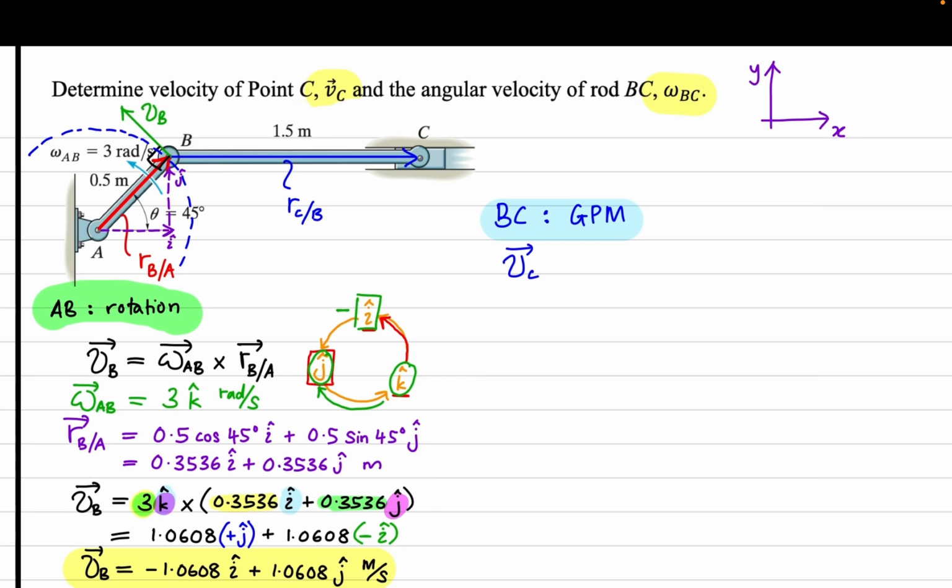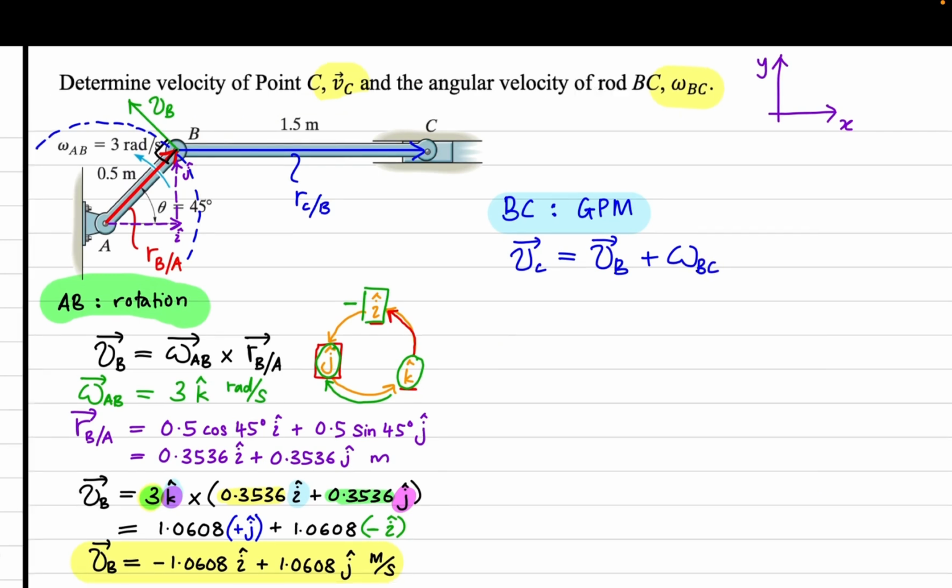So now the equation will be VC is equal to VB plus, now we go back to the rotation equation. So now omega, but it is not omega AB, it is omega BC, because we are calculating now the rod BC. So omega BC, and then cross product the position vector R, but it is not RB/A, it is RC/B.